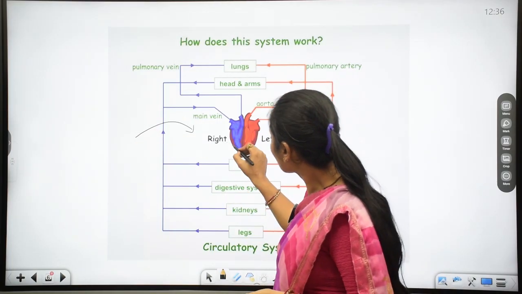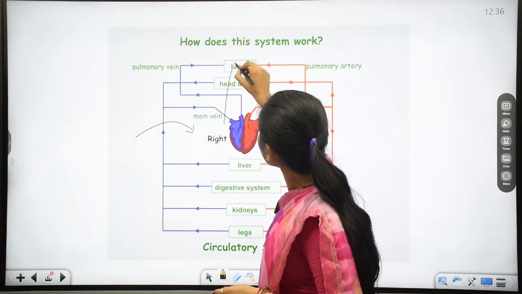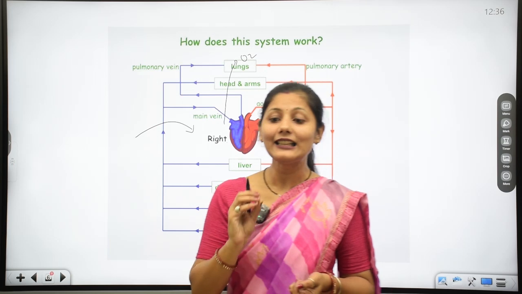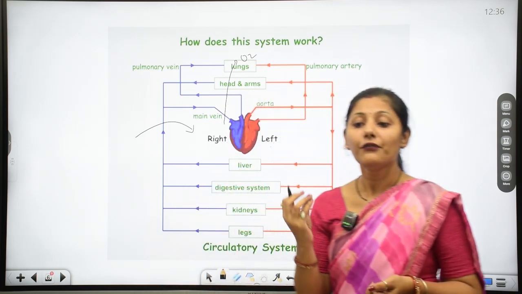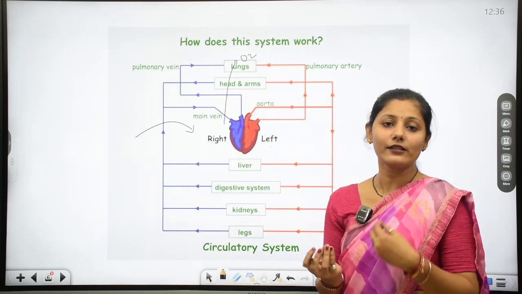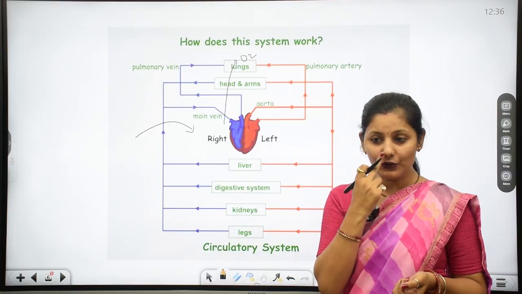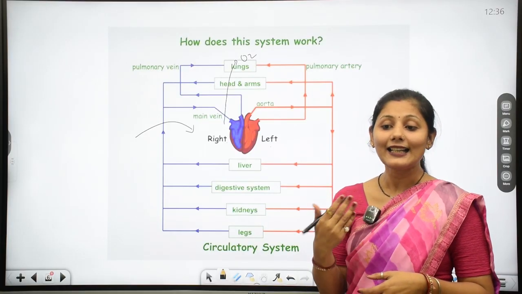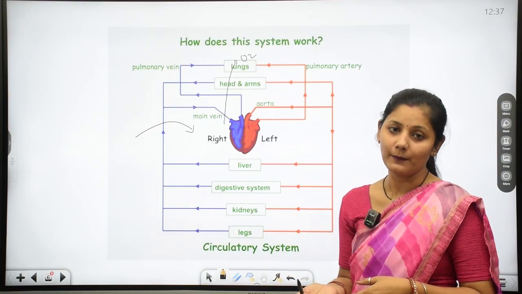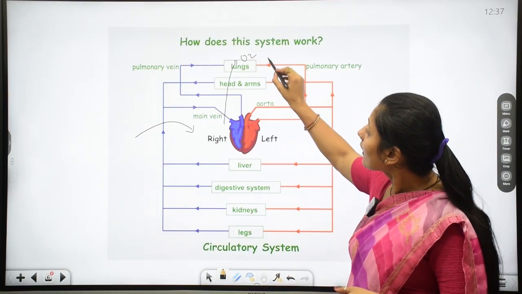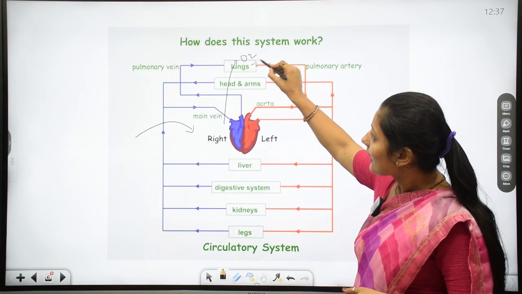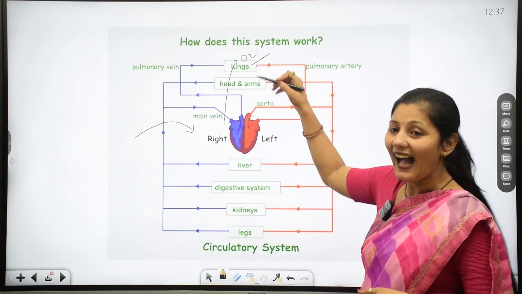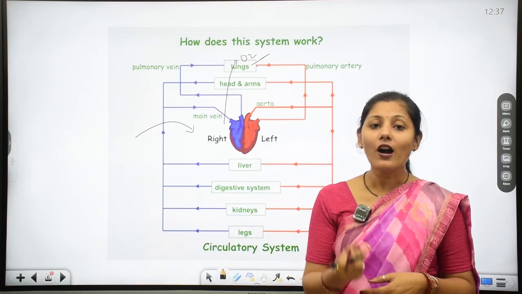Then it goes to the lungs for taking oxygen, because you know that lungs are responsible for getting the oxygen. We breathe through the nostrils, and this oxygen goes inside the lungs, which are responsible for the gaseous exchange inside our body. The blood mixes with the oxygen, carries oxygen and becomes oxygenated.